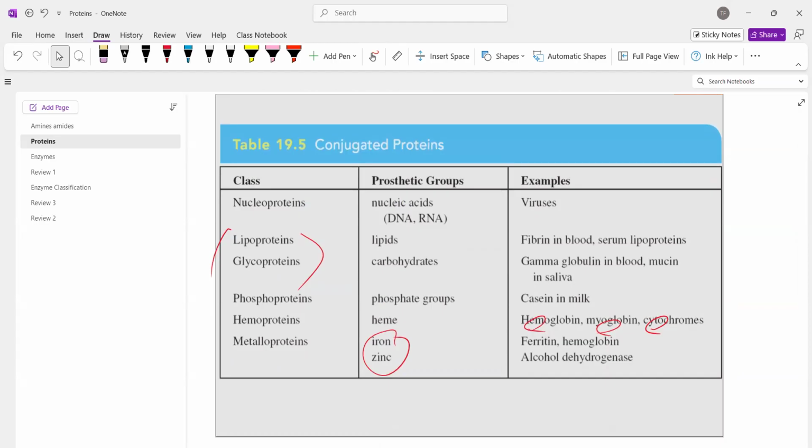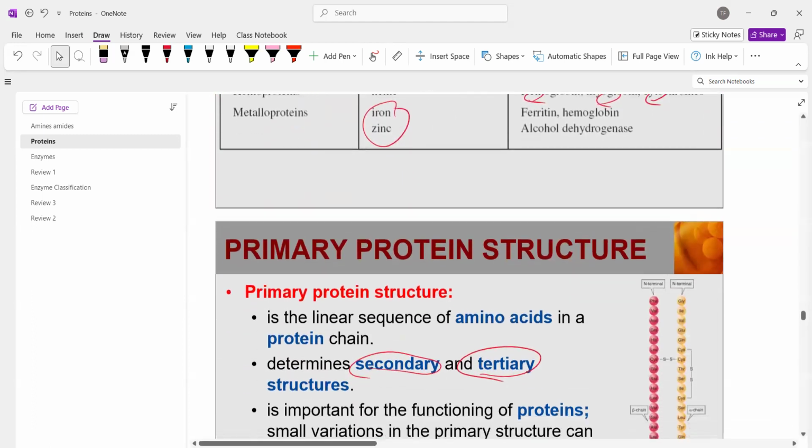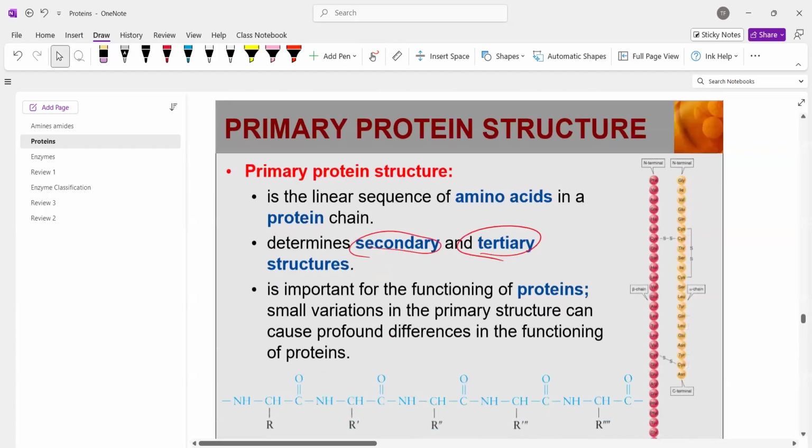Most of the time, proteins are hooked up with something else. It's pretty common.